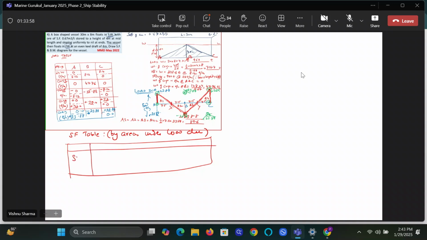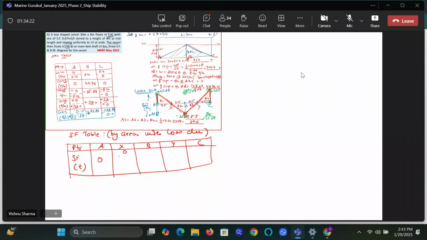And SF will be in tons. My points will be 1, 2, 3, 4, 5: A, X, B, Y, and C. If anybody has any questions, I'll just complete the SF table. If you want to ask anything, please let me know.